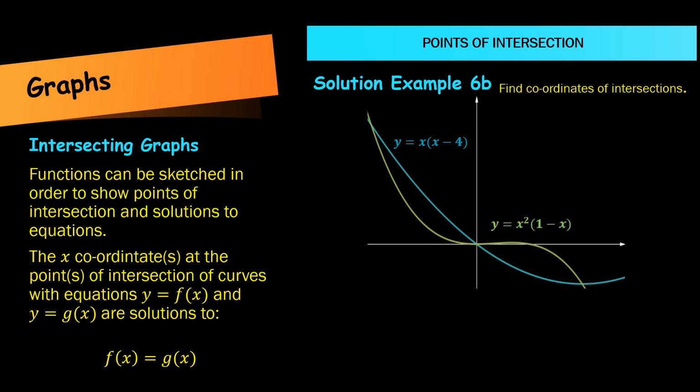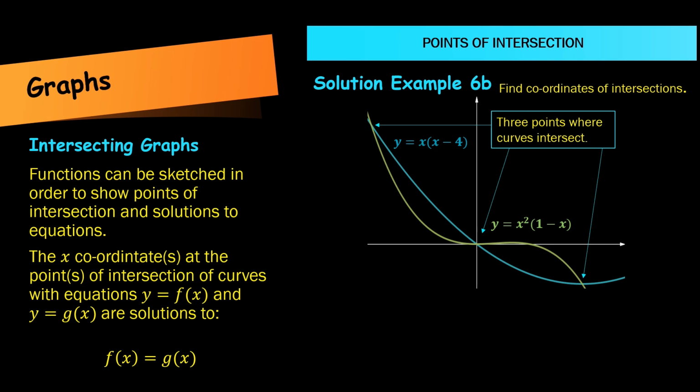Part B requires us to find the coordinates of intersections. There are 3 points where the curves intersect in our example. At the intersections, x times x minus 4 is equal to x squared times 1 minus x.